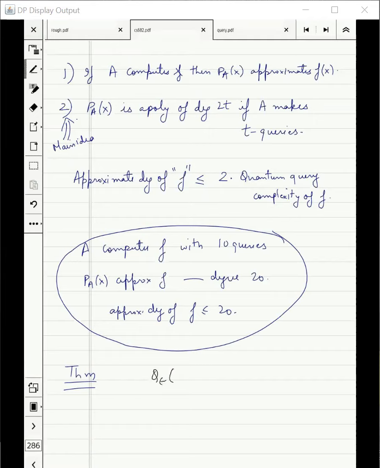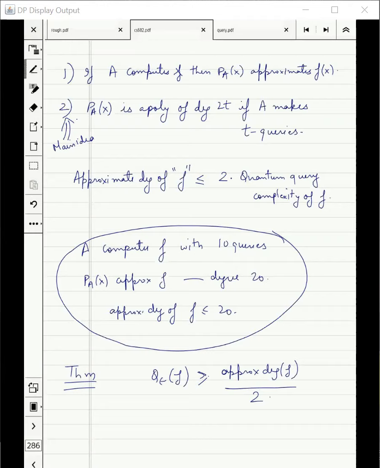remember, this was a notation used for quantum query complexity. Q of F is more than the approximate degree of F divided by 2, right? This is how we can give a lower bound on quantum query complexity.